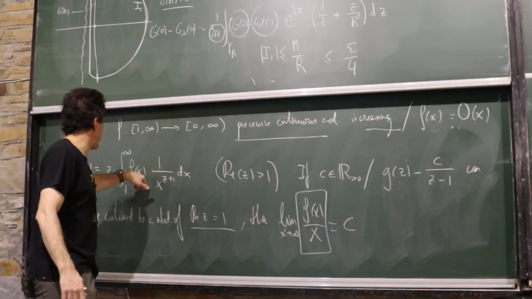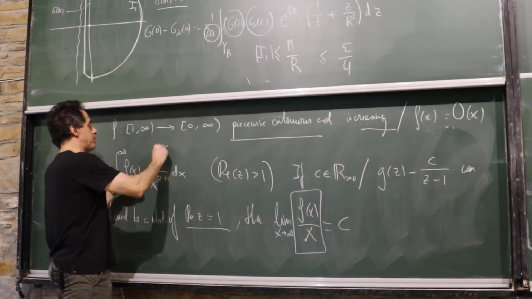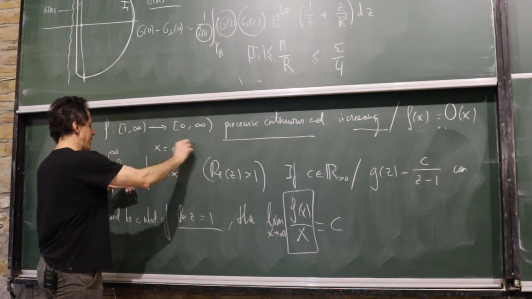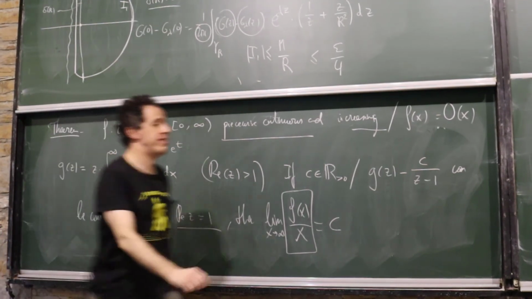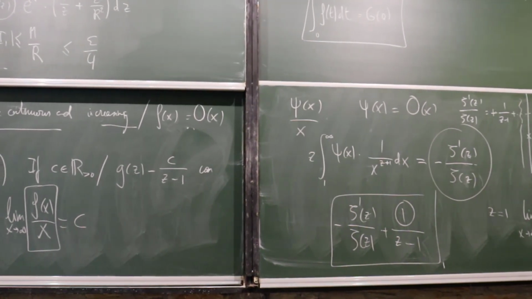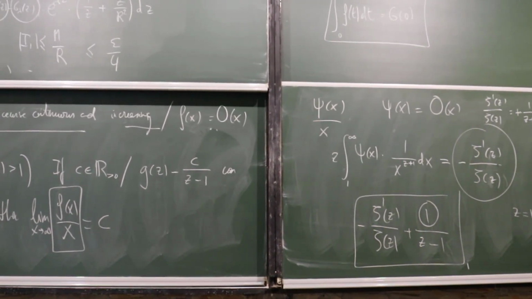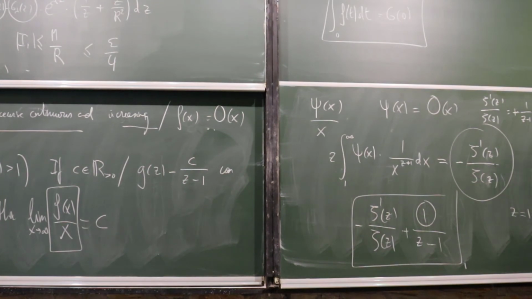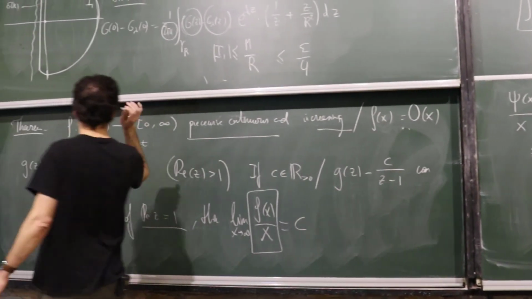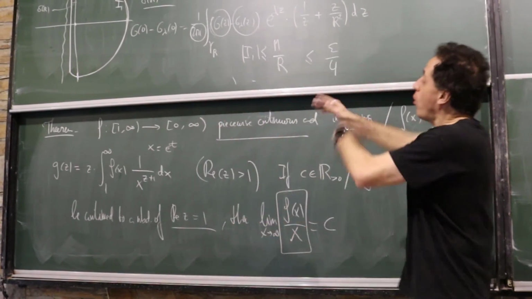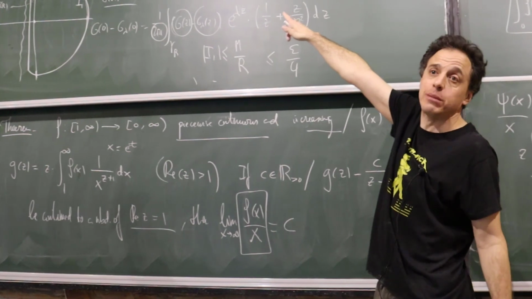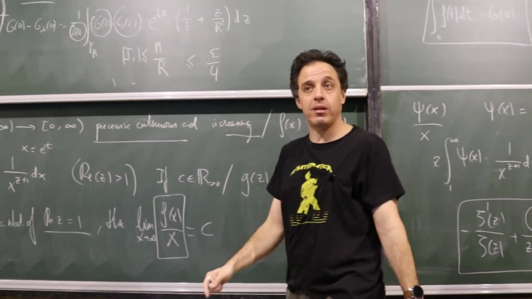You replace x by e to the t, or e to the minus t, plus or minus t, I don't remember exactly, and work a little bit to have an integral as before and to apply previous results.